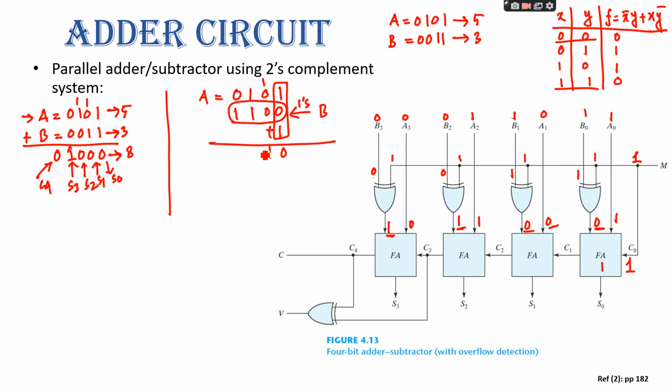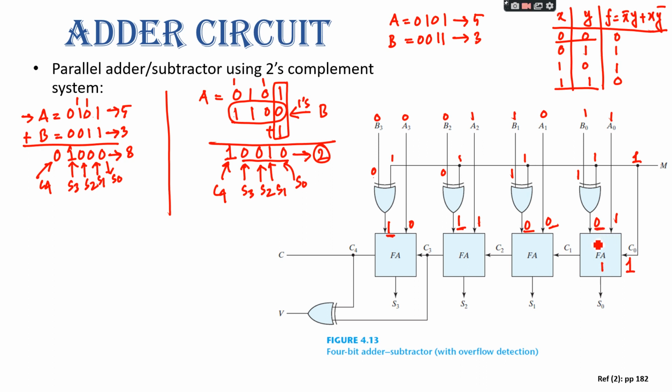Then 0 plus 1 gives you 0. And then again 1 plus 1 gives you 0. And then the carry should be 1, right? Yes, sir. If you take this 4-bit value, it should give you 2, right? And this should come as C4. This should be your S3, this should be your S2, this should be your S1, and this should be your S0, right?